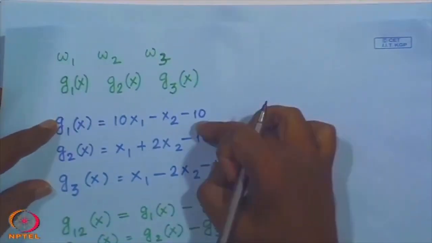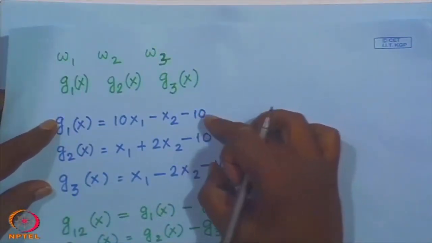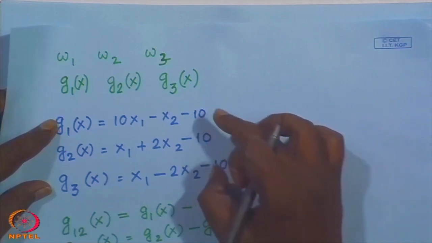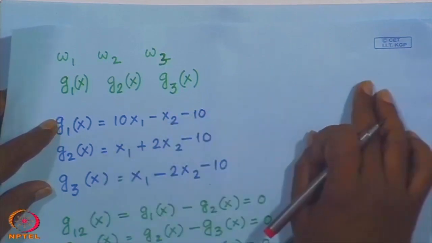So, this was a very simple case. Let us think of a situation where these discriminating functions themselves are taken as the decision boundaries.